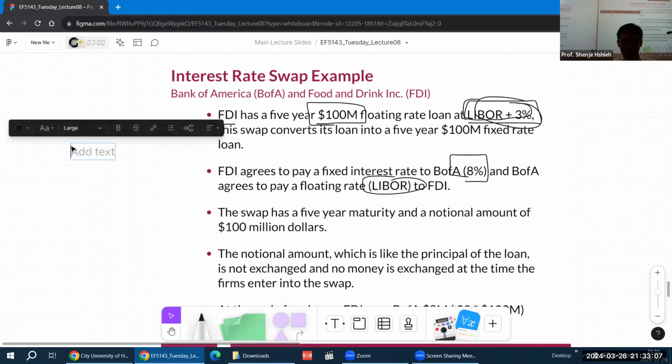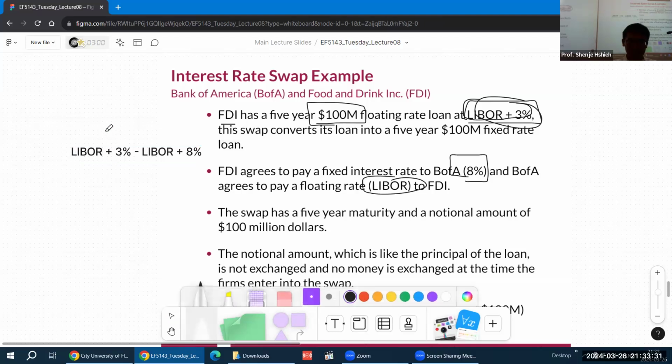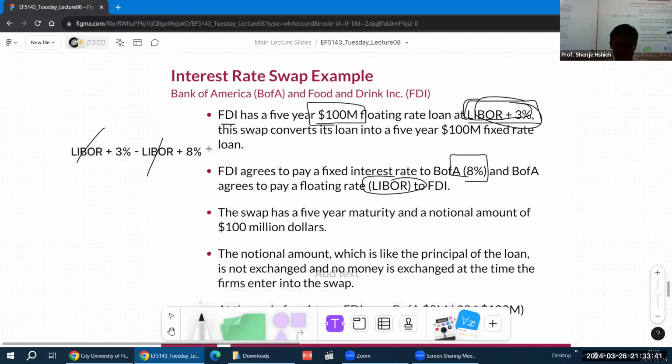Suppose we have this liability, LIBOR plus 3%. FDI has to pay this every year. Now it engages in a swap in which someone pays you LIBOR, so minus LIBOR, but you have to pay now 8%. And so the LIBOR is canceled out, and you get... it should be minus, right?